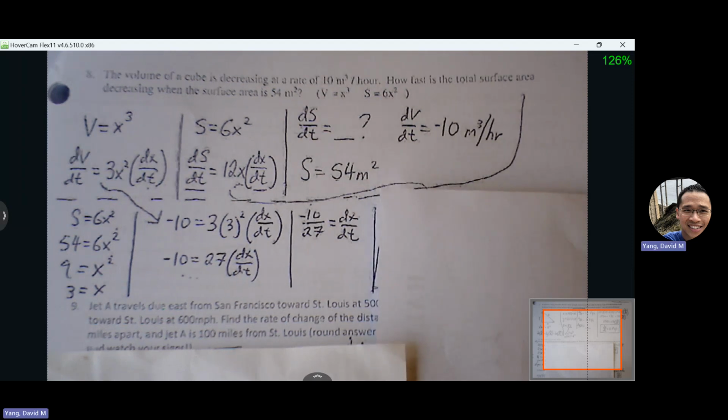And then I should have everything that I need to get to the last variable that I'm looking for. And our units of measure: surface area is square meters, time is hours, so square meters per hour.